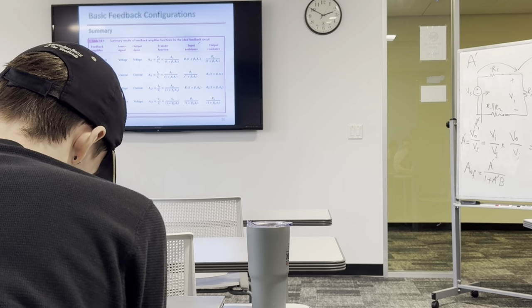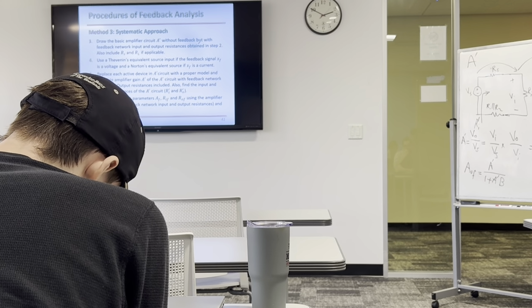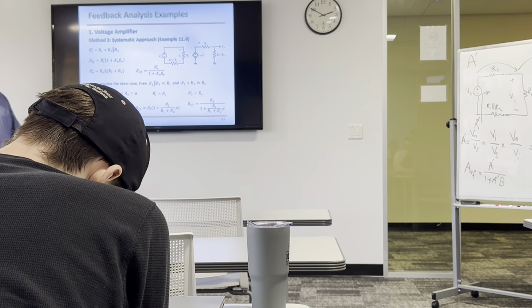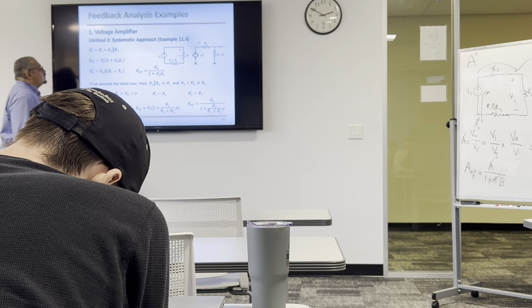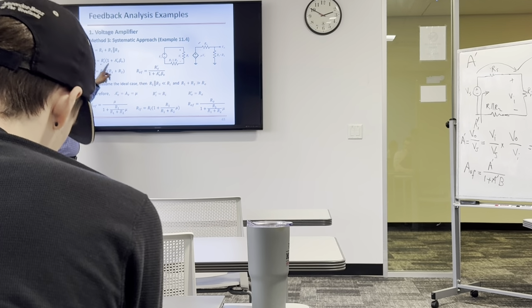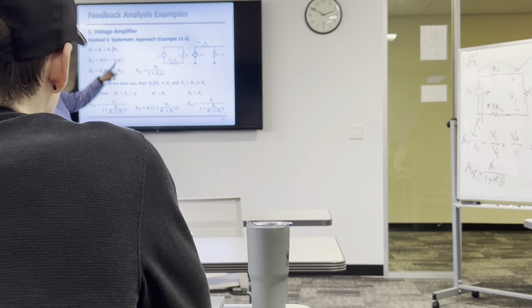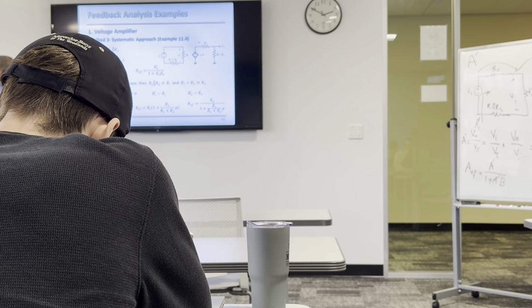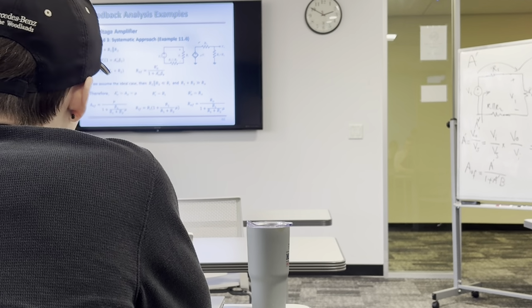So we have to multiply Rin prime by the amount of feedback. But in this case, Rin prime is not Rin, and this is Av prime, not Av, and beta is the same, which is R1 over R1 plus R2.